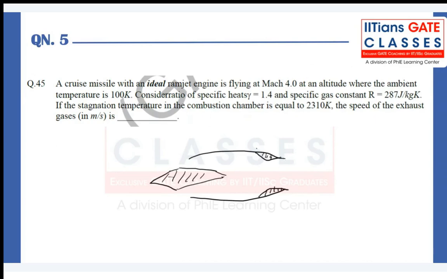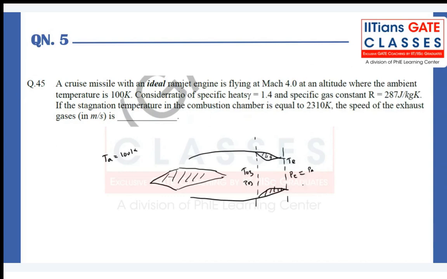So now it expands the fluid at T03 and P03 to exit pressure PE, and exit plane temperature is TE, right? So they are also given the ambient temperature, that is TA, equal to 100 Kelvin. Note that TE is not equal to TA, but PE can be assumed to be PA given that it's optimally expanded. That's the assumption we are going to make here.